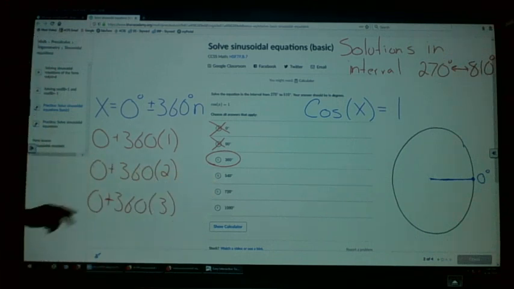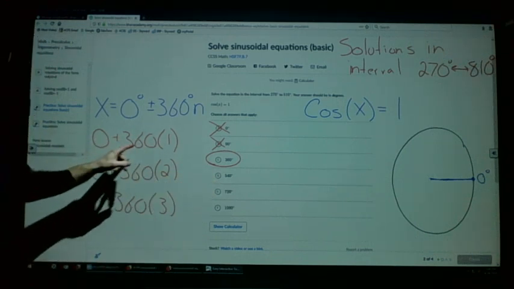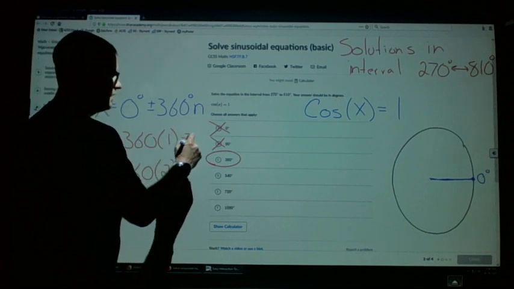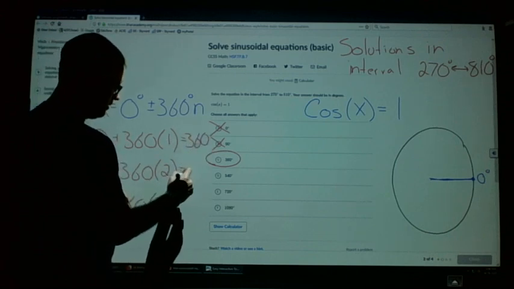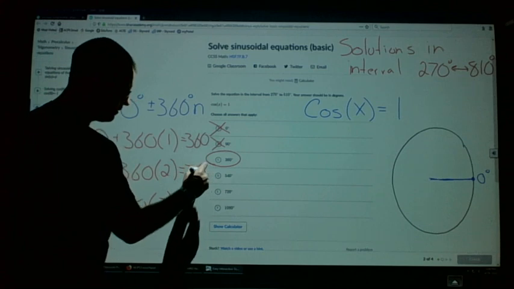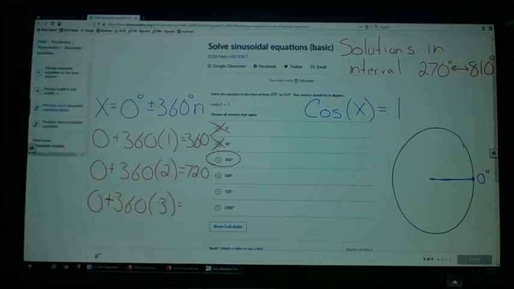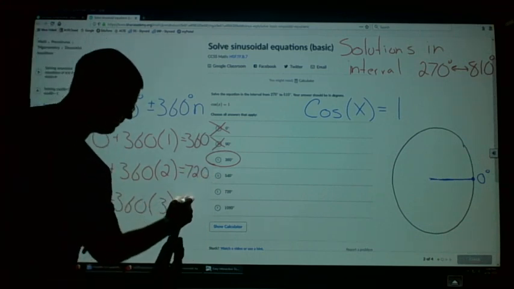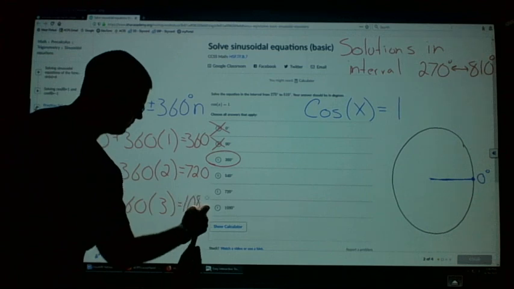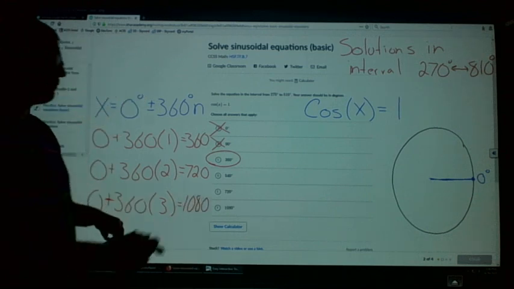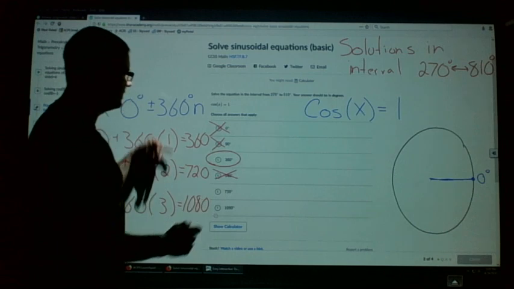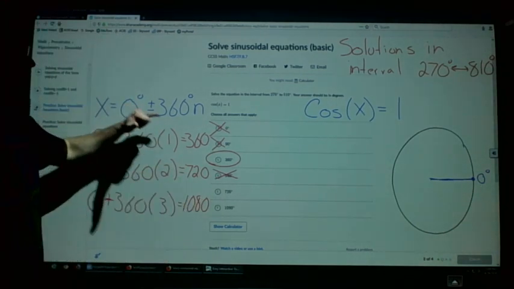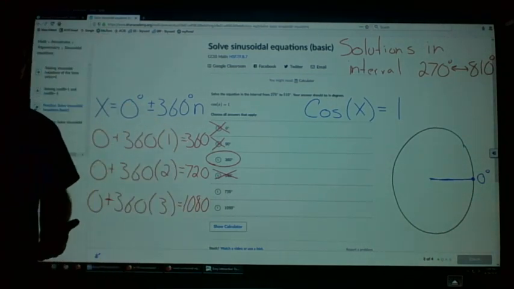540 is not any of these. This is 360. This one is 720. This one is 1080. So right away, I can cross out 540. It's not in my list of solutions. 0, 360, 720, 1080. Those are my solutions.